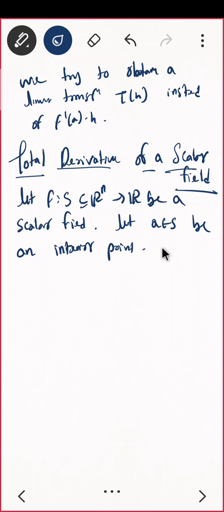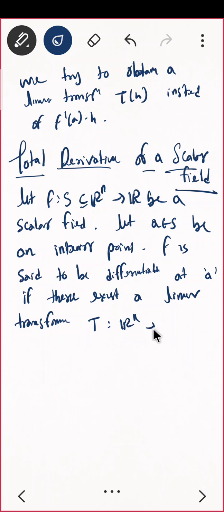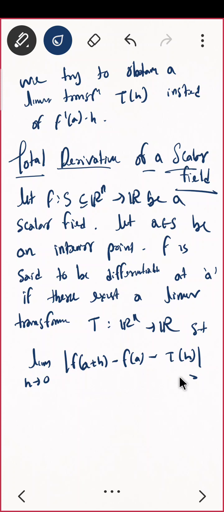Let e belong to S be an interior point. f is said to be differentiable at e if there exists a linear transformation T from Rn to R such that limit h tending to zero, the same thing we just discussed, here the modulus will remain because your right hand side is R, so |f(e+h) − f(e) − T(h)| divided by norm h, correct?